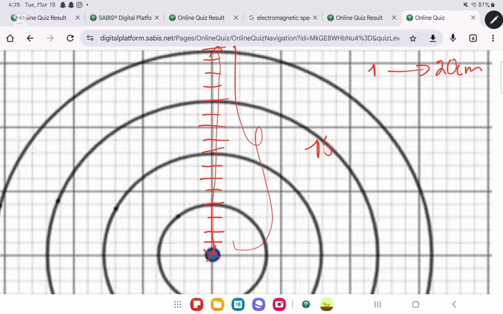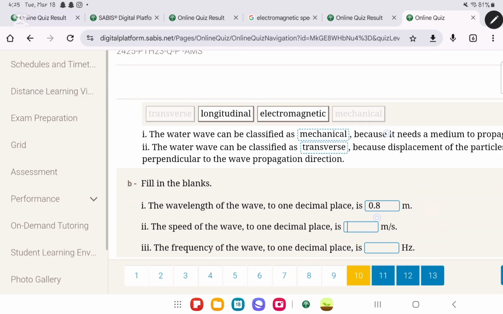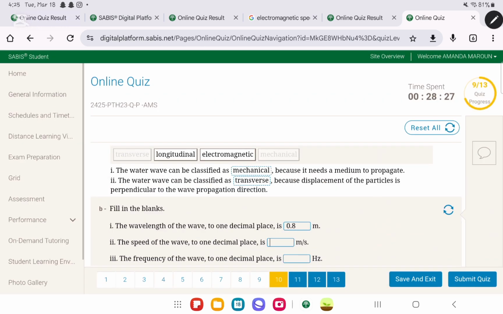So we have 16 blocks. 16 times 20 over 1, you will get 320 centimeters, which is 3.2 meters. We changed it to meters, it's 3.2 meters.